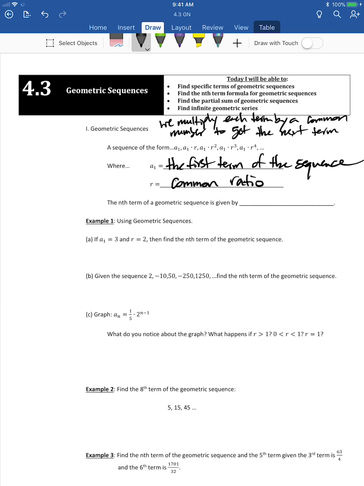For geometric sequences, we have the common ratio, r for ratio. And the nth term of a geometric sequence is given by a formula. A sub n equals the first term, a sub 1, times r to the n minus 1 power. And again, we're just getting this by looking at our general sequence for it.